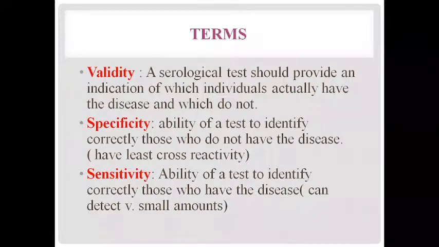And then there is also sensitivity, the ability of a test to identify correctly those who have the disease. In other words, the true positives. So a kit that is good in terms of validity must have these two components: highly specific and highly sensitive.